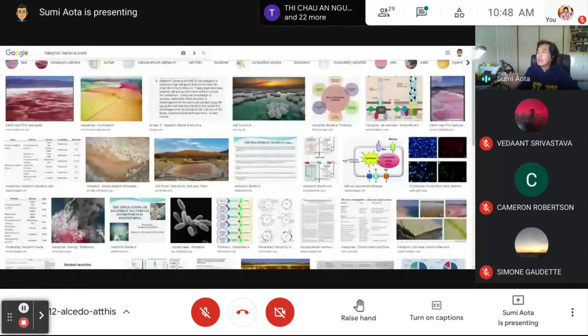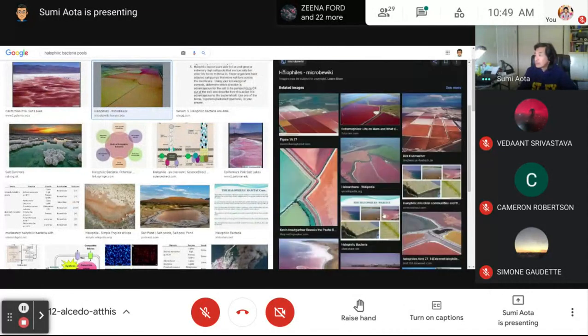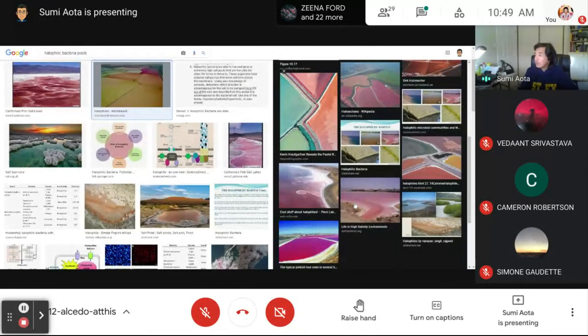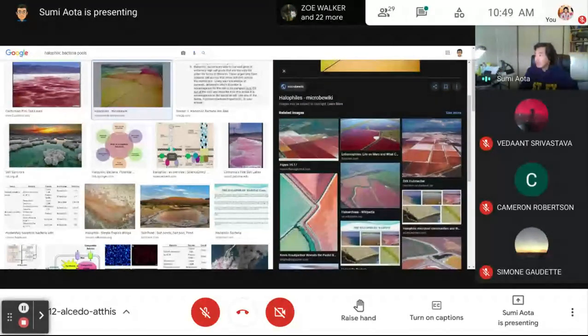These are the pools of the halophile bacteria. So things like this. All kinds of bizarre colors. And they're these colors to protect themselves from the intense sunlight, right? The UV radiation.